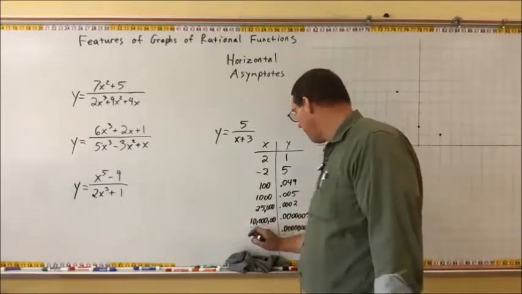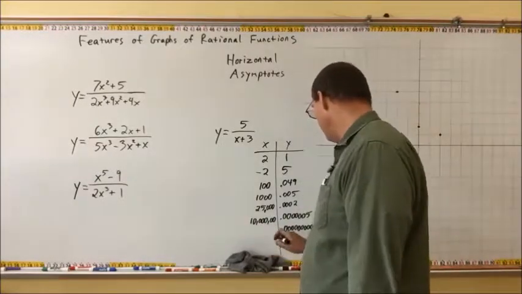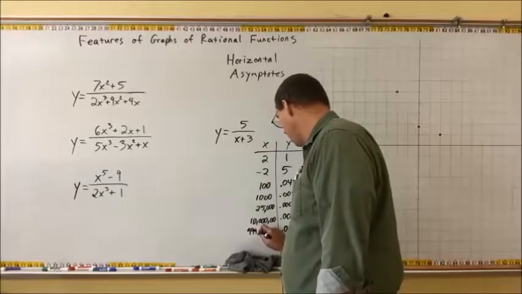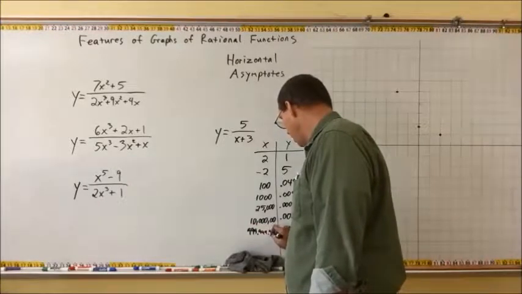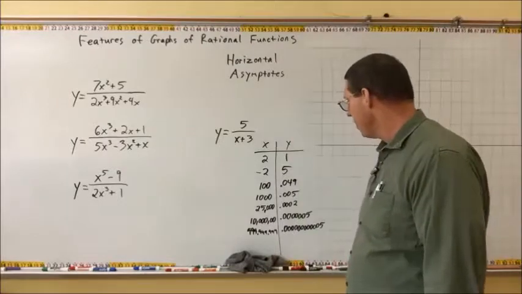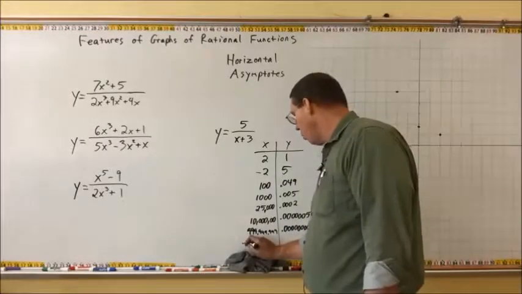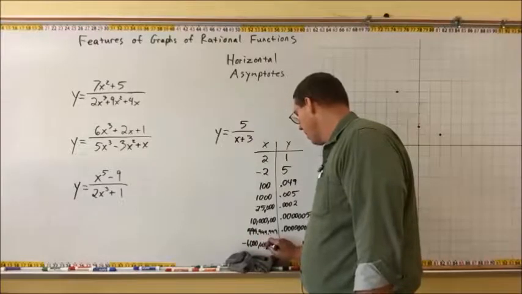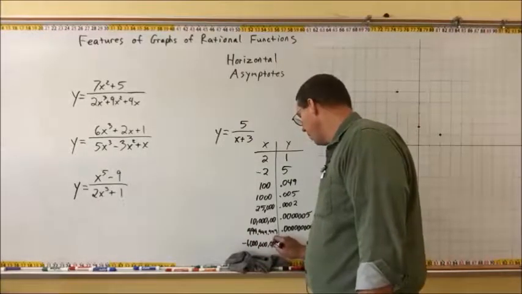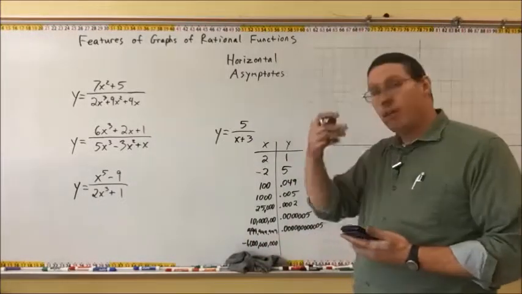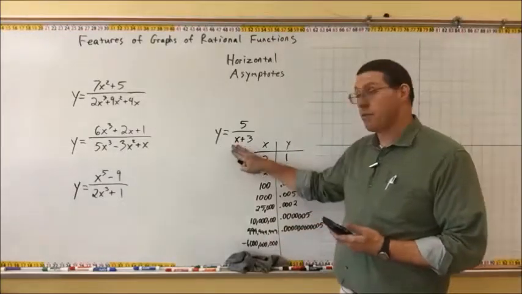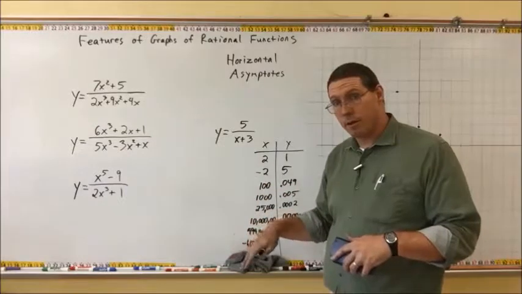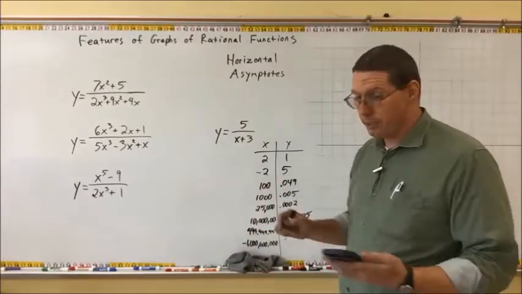Now the same thing would happen if I put in a negative number. What if I put in negative 1 billion? Putting in negative numbers does basically the same thing, at least in this case. There are situations where positive numbers make it go to 0 and negative numbers make it go to infinity.